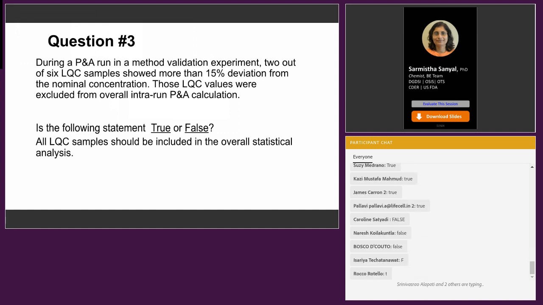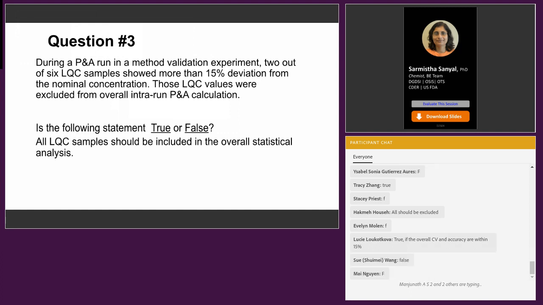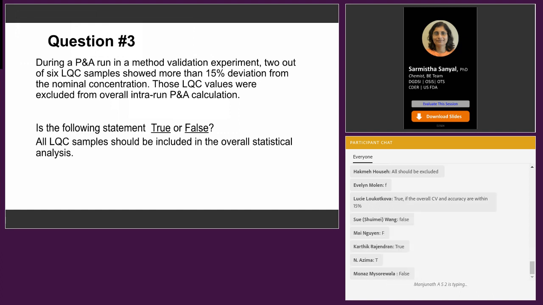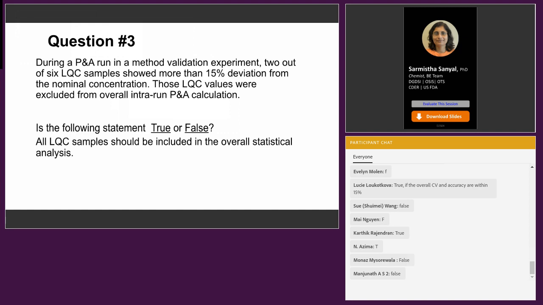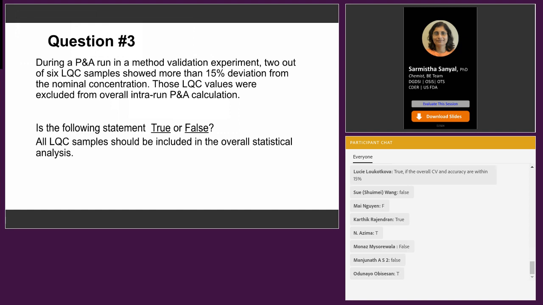I'm seeing again more true and some false. So let's discuss this. What should be done here? Should the LQC values be excluded or should they be considered? If you remember, I had the same scenario in case study 1, where a firm did not include HQC samples in the statistical analysis for precision and accuracy calculation.